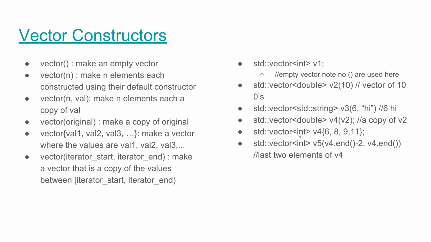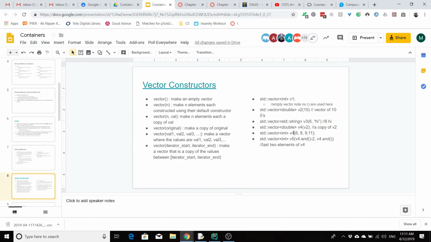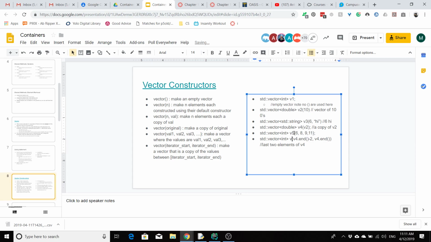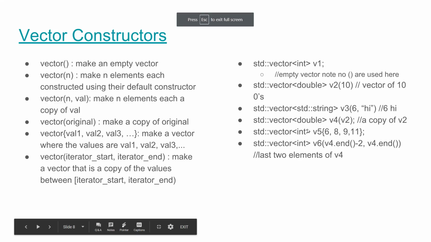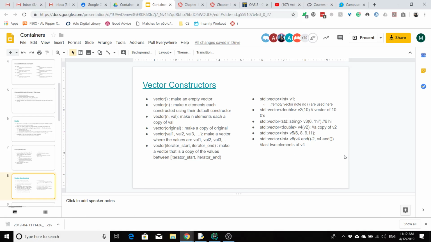We have a vector of integers whose name can't be v4 because I already used that one, v5, which gets initialized to the values 6, 8, 9, and 11. And then we also have another vector over here, v6, where we've copied the last 2 elements of v4, which now probably needs to be v5.